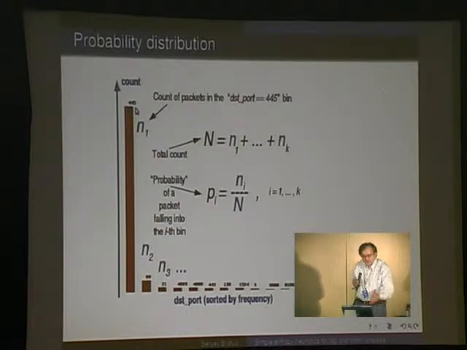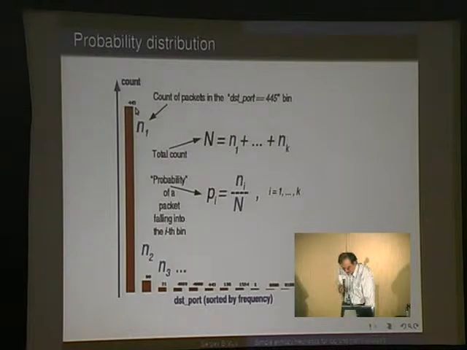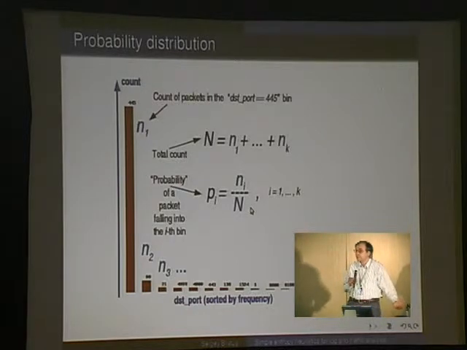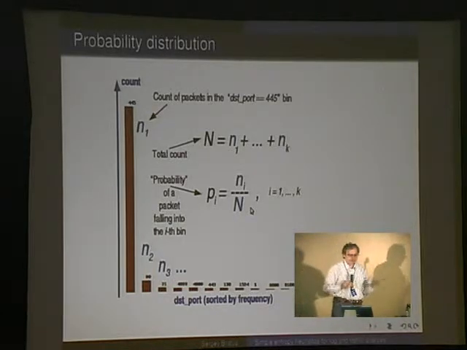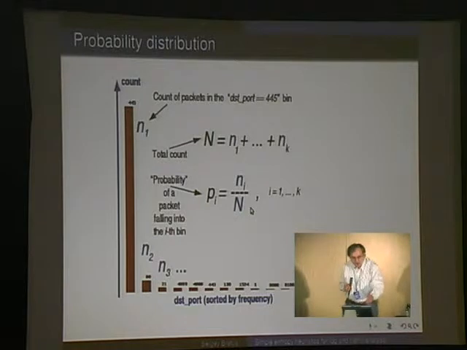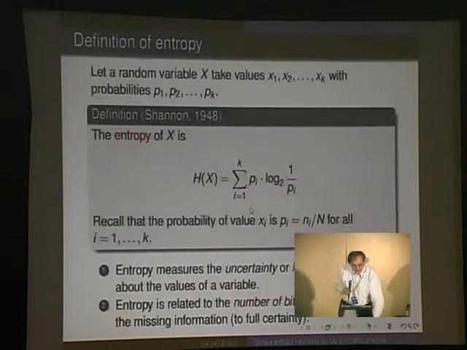So the probability that I get something sent to port 445 is the count of packets in that bin over the total number of all packets, right? If I were to draw a random packet with my eyes closed from that bag of packets, then with a really high probability, I would get a Microsoft DS packet.